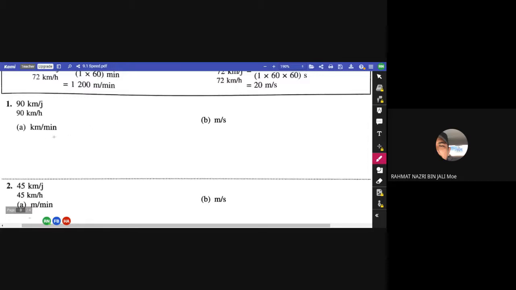So we have 90 kilometer per hour is equal to 90 kilometer. The time we have to convert it. So 1 hour is equal to 60 minutes, or 1 multiplied by 60. And then we have the time in minute now.